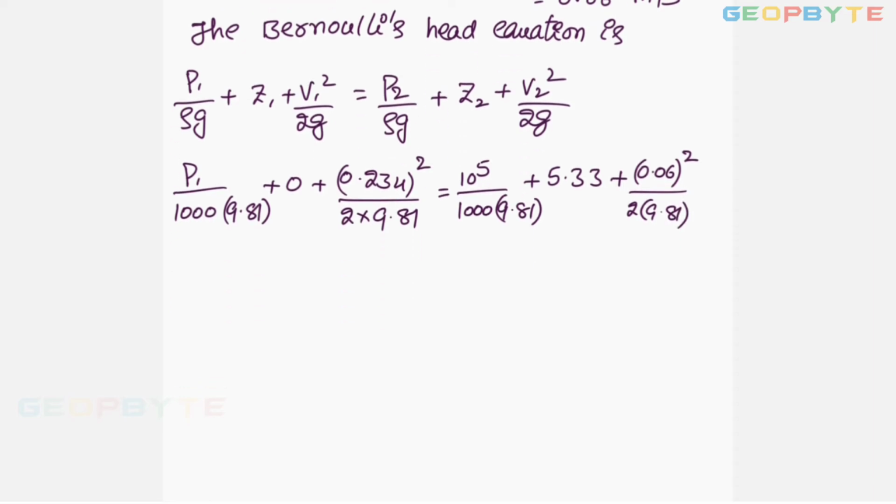We simplify this value. For getting the P1 I got 151.34 into 10 power 3 Pascal or 152.34 kilopascal. That is the answer. I hope all of you understood. Let us take one more problem.